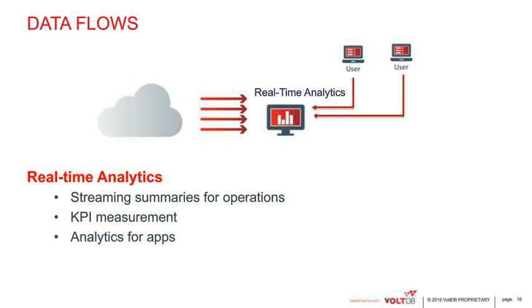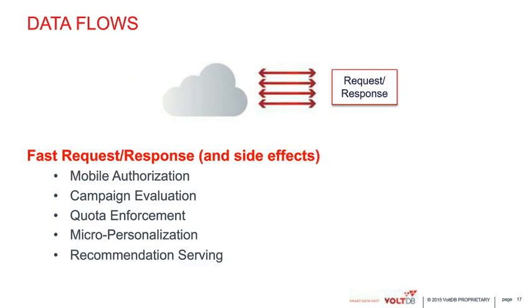Sometimes it's just doing simple counting to drive dashboards for your customers so that they have transparency into the real-time state of their platform. In this case, the data is often arriving at the fast data platform where it's simply being summarized, and a set of analytic results are made available for query either by a user or a dashboard or another application.